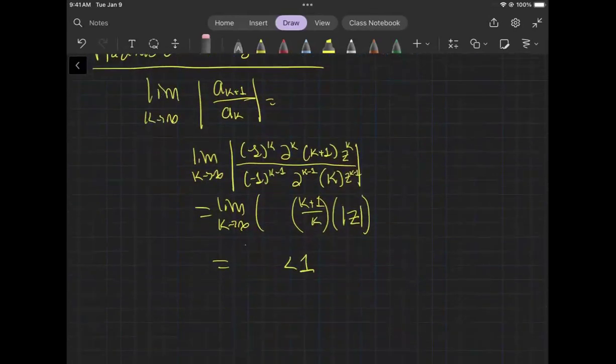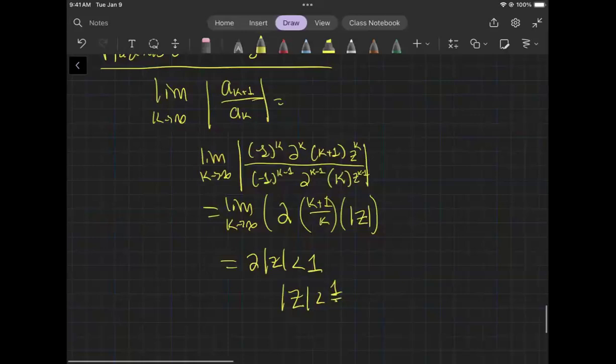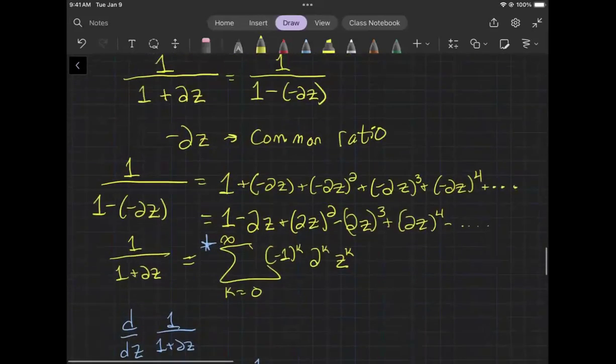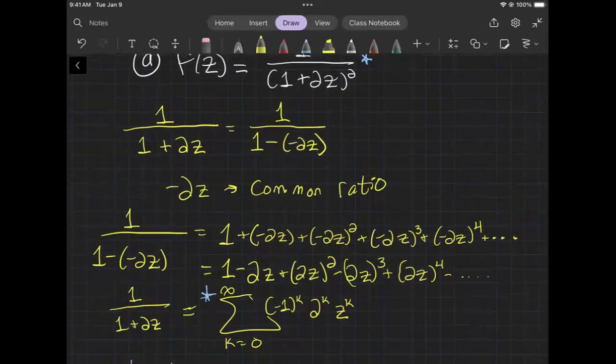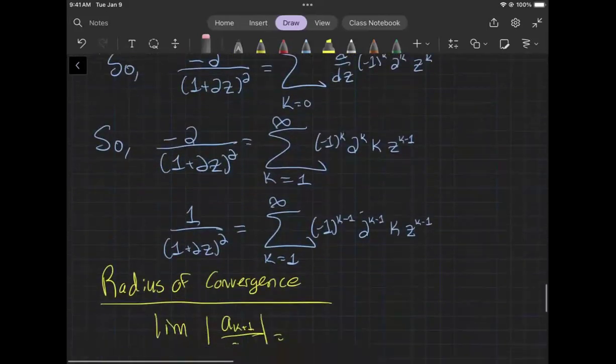That should be not 1/2, but 2. Okay, 2 times the length of z is less than 1, which means that the length of z is less than 1/2, which is exactly what we need. This has to be less than 1. So the length of z has to be less than 1/2 and should be the same when we differentiate the function. So, okay, good.